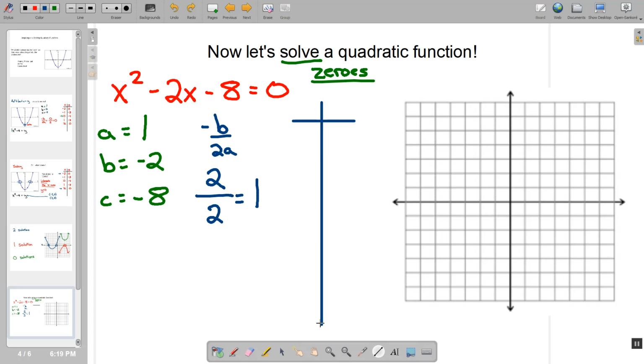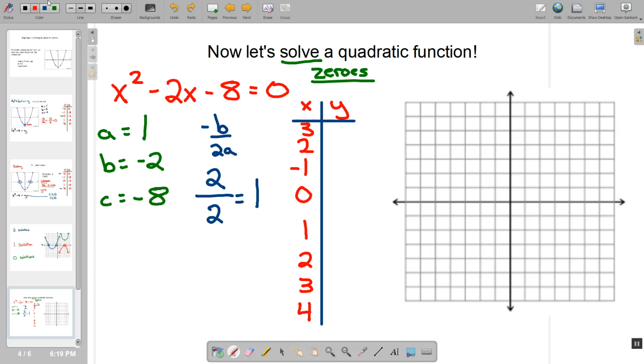If we create our table, that means the middle value has to be 1. And then we can pick values that are equidistant away from the center. We can pick as many as we want. Now I picked a whole bunch, but we only need it until we hit a 0 over here.